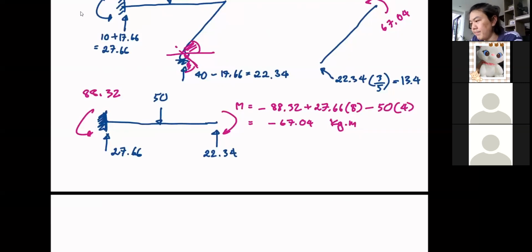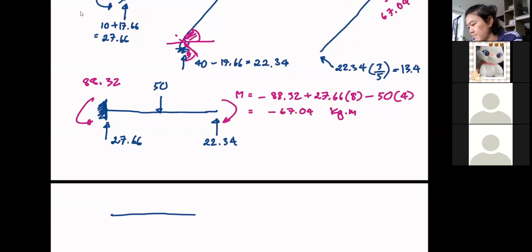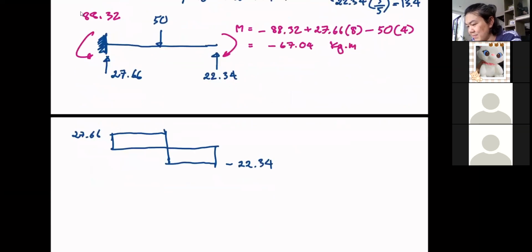All right, for the first one, the shear force diagram is simple as that: 27.66 minus 22.34. And your bending moment diagram is right here.